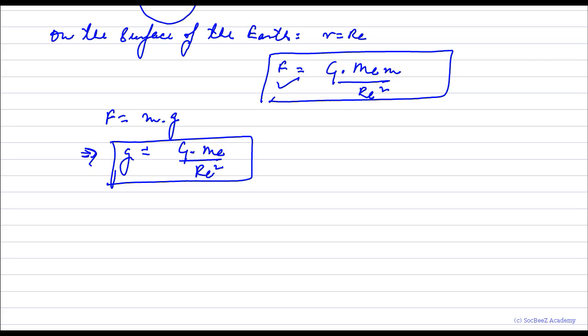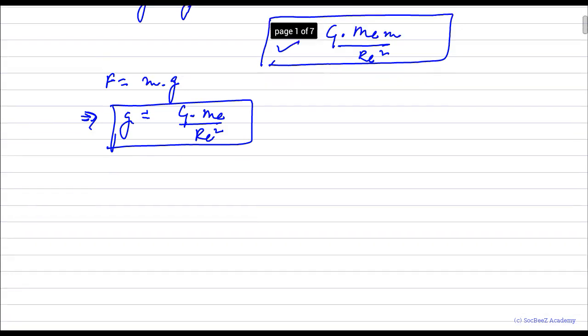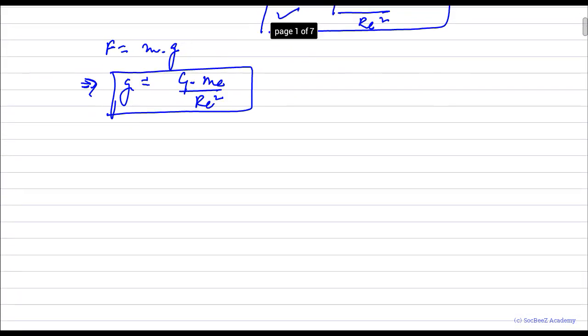by various factors. One of these factors is the effect of altitude. The other factor which we need to consider is the effect of depth, and the third factor is the effect of latitude. Basically, if I increase the height of my body from the surface of the Earth, the gravitational force is going to decrease.